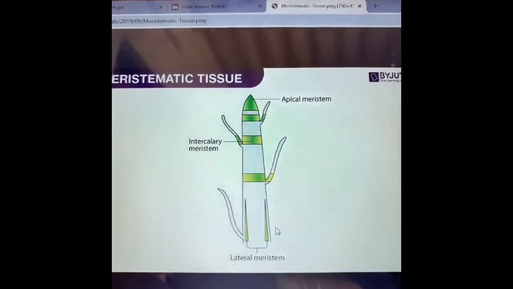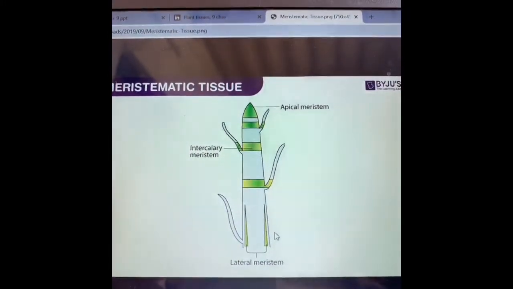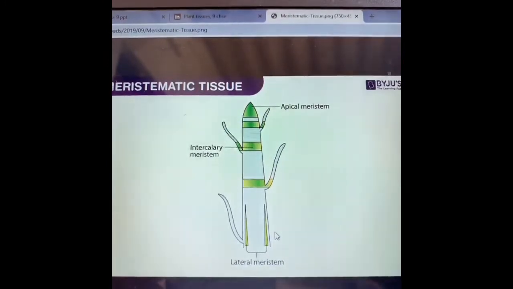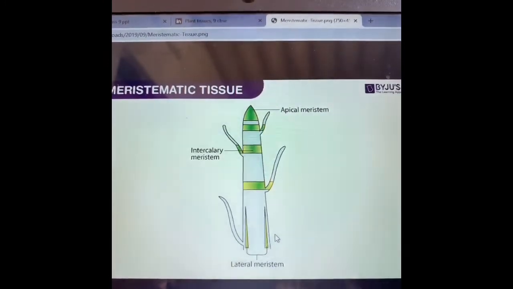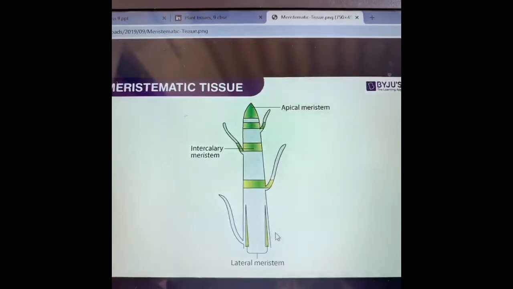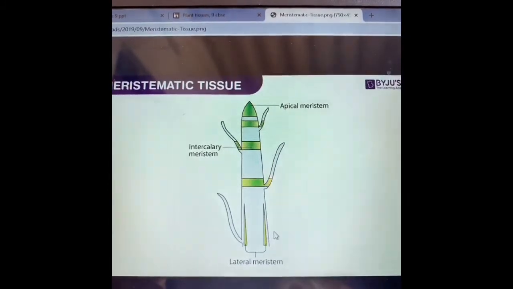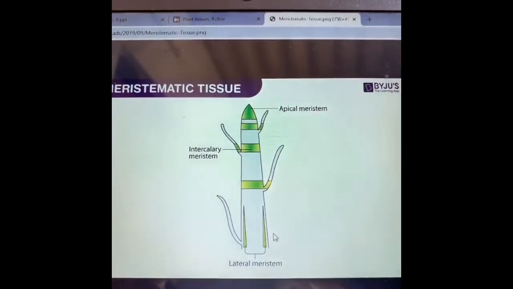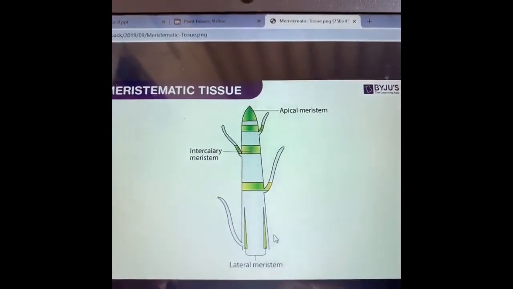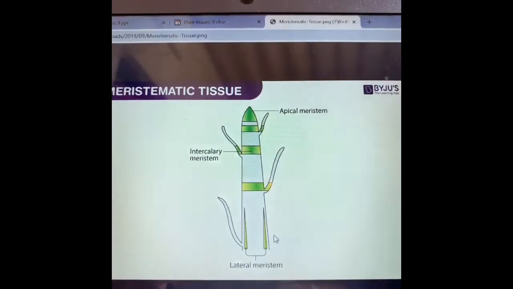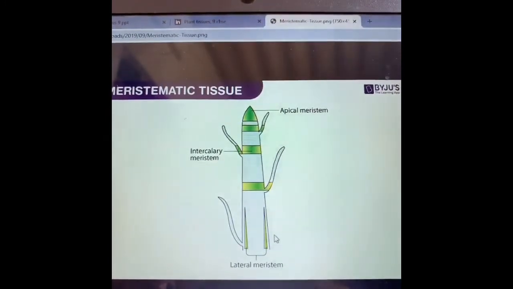The lateral meristem occurs on both sides of the stem and the root. Lateral meristem can be vascular meristem or cork cambium. The vascular cambium protects the cork cells, whereas lateral meristem increases the girth of the stem and root.